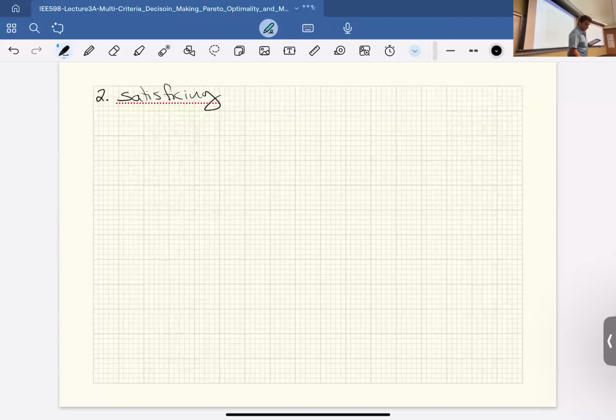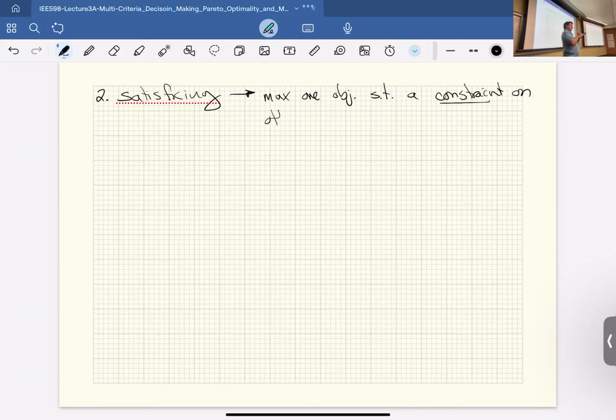So a satisficing solution would be to maximize one objective subject to a constraint on the other.